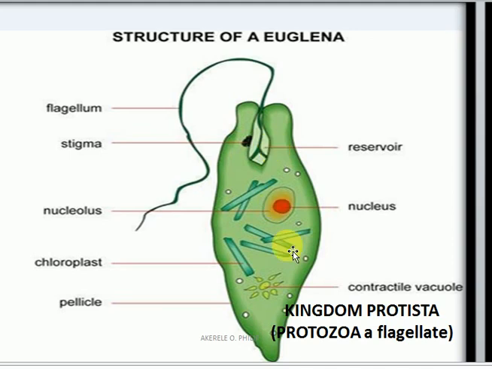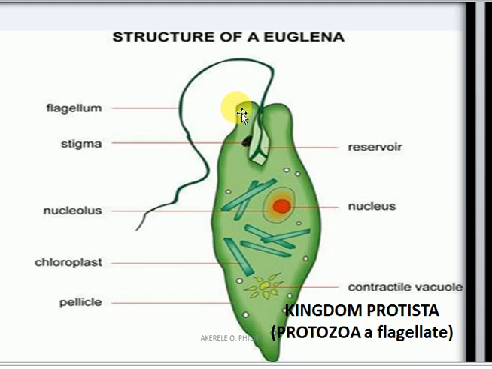It also has chloroplast, so it can photosynthesize. So it has animal and plant characteristics. And it stores food in the form of starch granules. So it's only plants that store starch as their food. So Euglena is a special kind of organism that has some plant and animal characteristics.